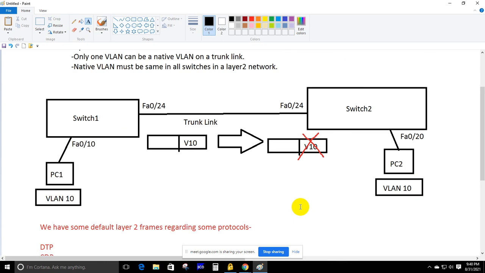Switch 1 sends a DTP frame on F0/24 for switch 2 itself, not for any end user connected to any port in switch 2.